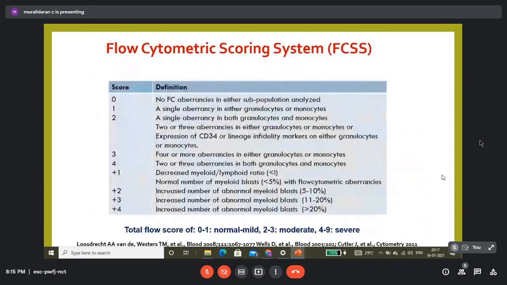Based on this we can put calculations, and there is something called the flow score. If the flow score is more than 4, it will be termed as severe. If it is between 2 and 3, it's moderate, and if it is less than 1, generally we'll call it normal expression.